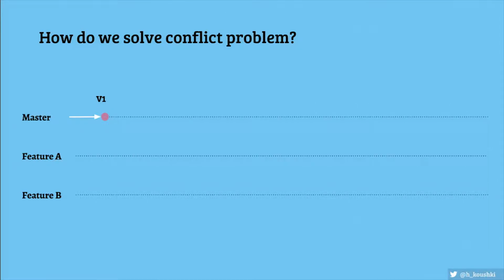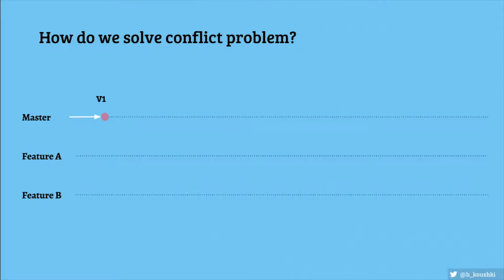But of course, maybe some of you have a very big question: if everything is automatic, how do we solve the conflict problem? Unfortunately, you probably cannot see. The first line is master, the second line is feature A, and the third one is feature B. So you missed the first part.